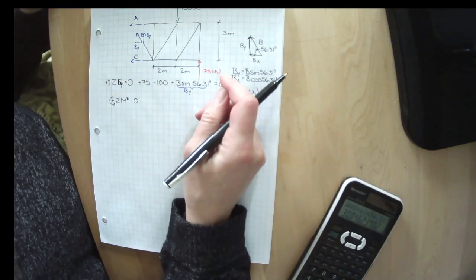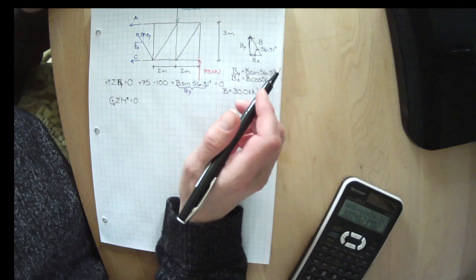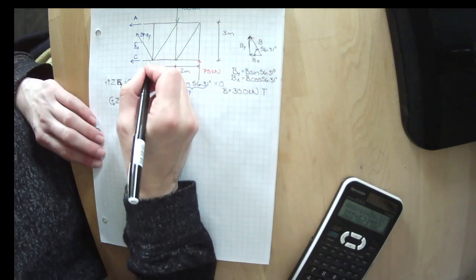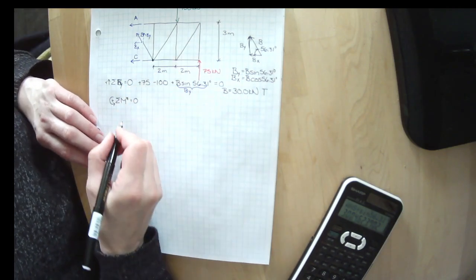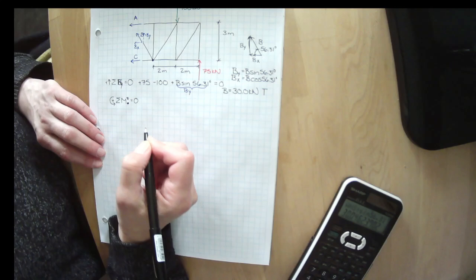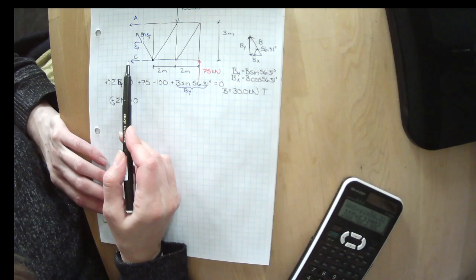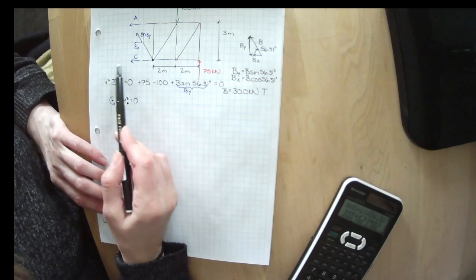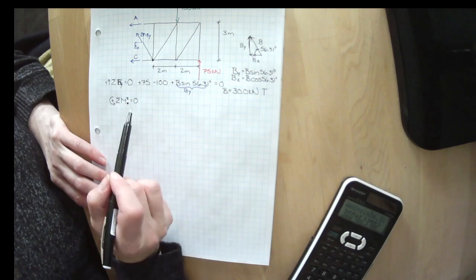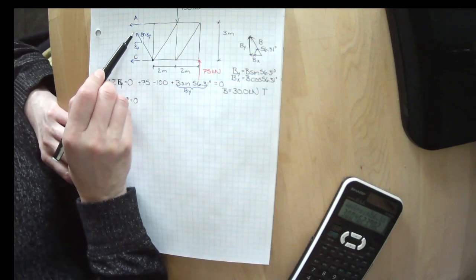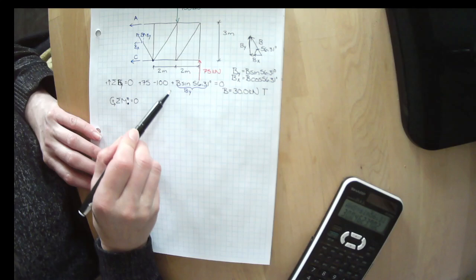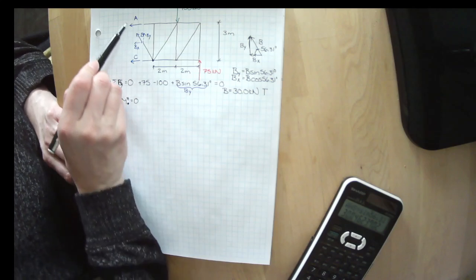But remember the teeter-totter example? It didn't matter what point we picked to sum it about. I'm going to pick this point right here. I'm going to call it dot. I'm going to pick point dot. So I'm going to pick that point right there. Take a look at this. C passes right through it. It doesn't cause it to spin. Look at B. B passes right through it.